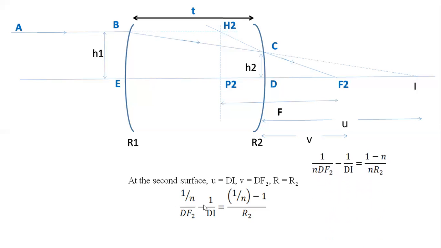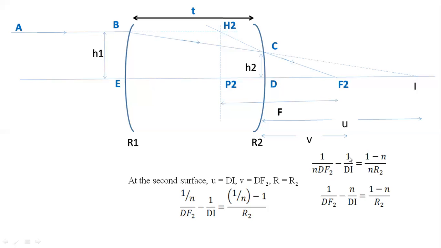Now rewrite the term as (1/n)(1/dF2) minus 1/dI, and this equation becomes (1−n)/(n R2). Therefore, you have to multiply this equation by n.